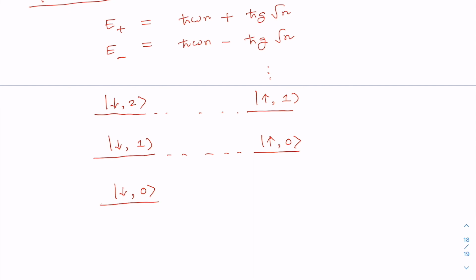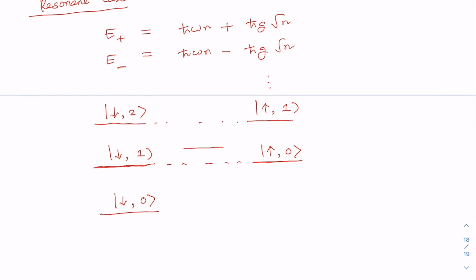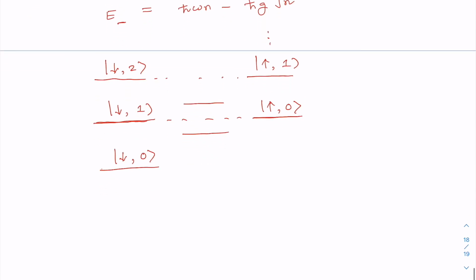Now when the coupling is switched on, these levels that had the same energy get split into two parts, E plus and E minus. If you look at these two states, you see how they are connected: the atom in the ground state with one photon in the field mode, and the atom in the excited state with no photon.